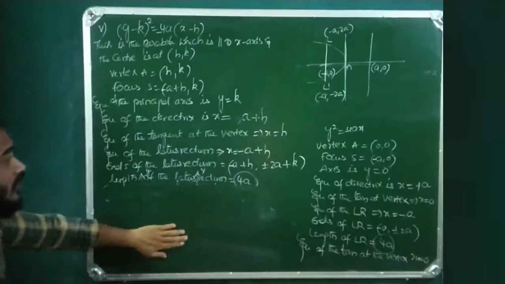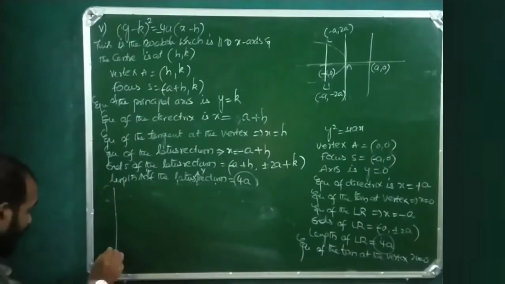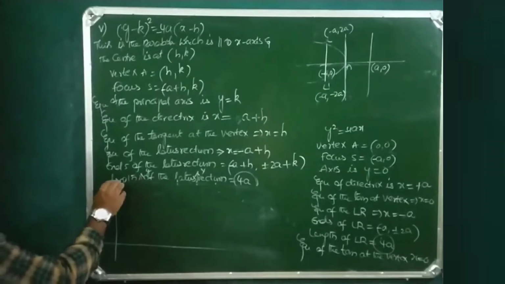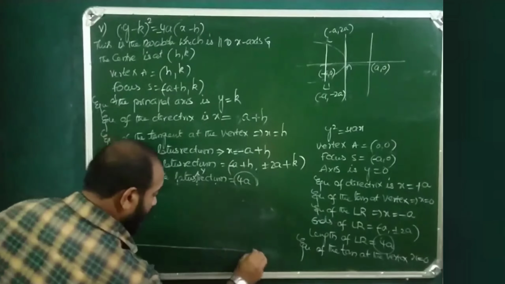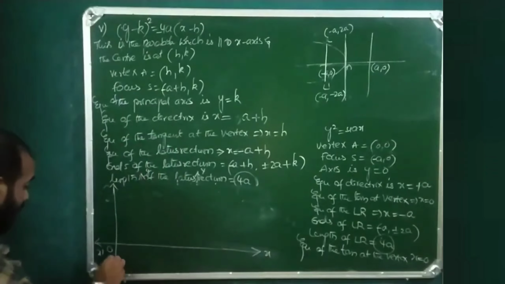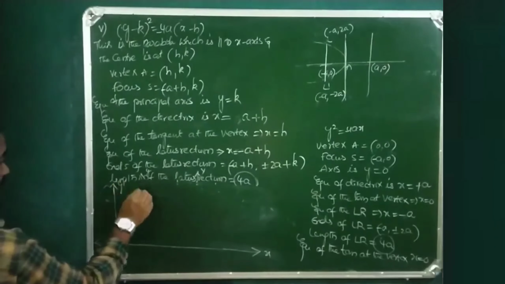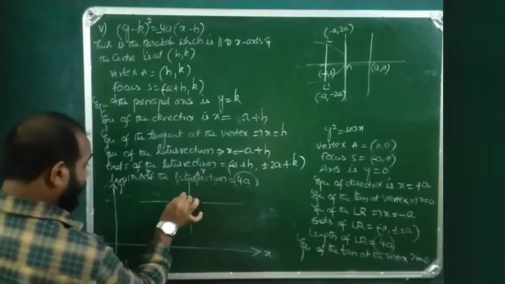For this, actually, what is the diagram? Now I will show the diagram. So actually this is our original axis. Origin, negative x-axis, positive x-axis. So this is y dash y. So this is our parabola.